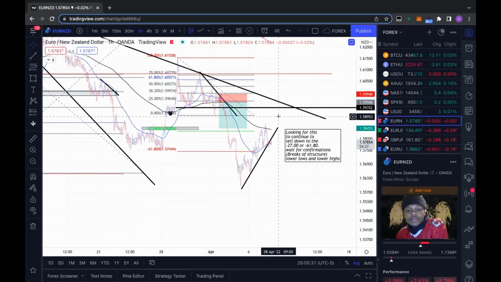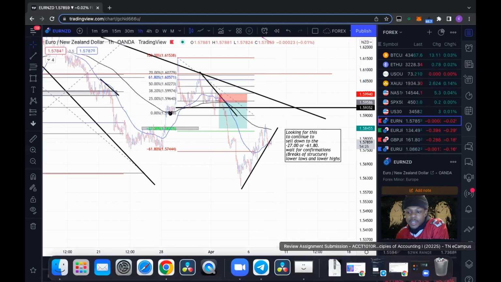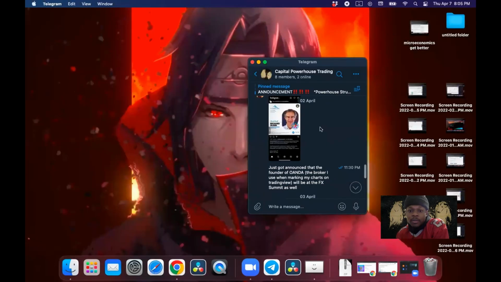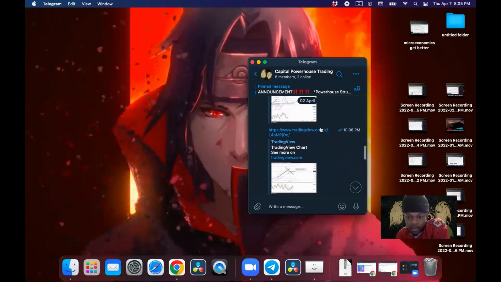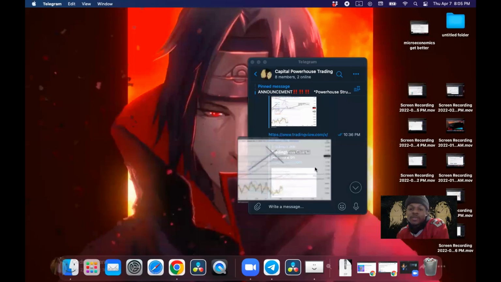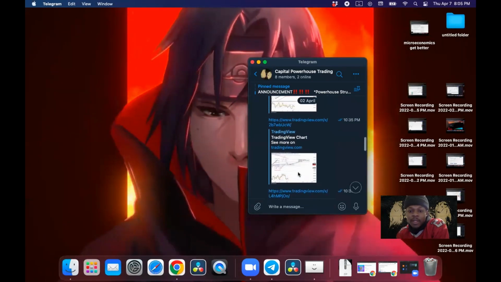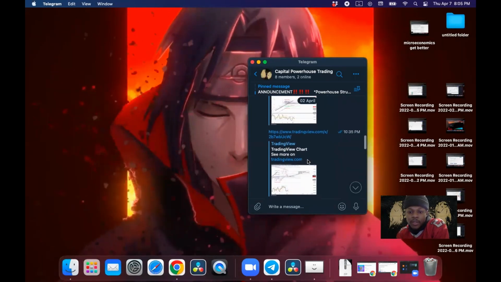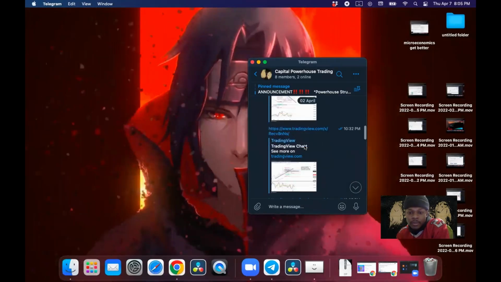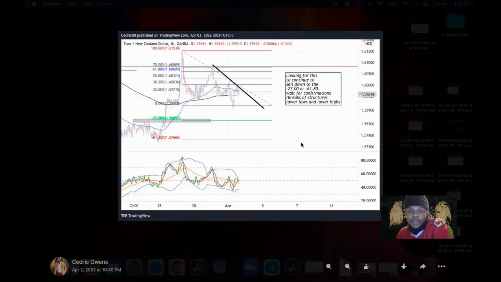So actually, let me go back to the Telegram chat. I can show you guys up there. This one, I believe, yes. No, it's UJ, even though we did end up winning that trade as well. I believe this is it right here. So yes, I did have my field right there. So this was the trade that I ended up sending at the beginning of this week.